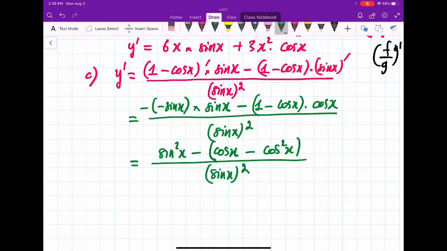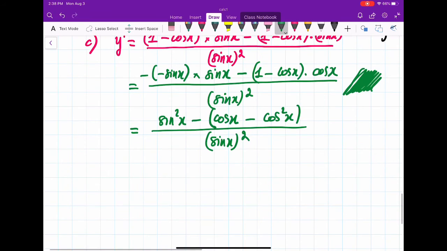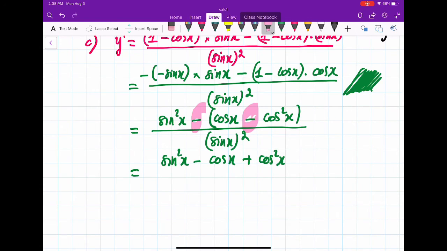Again, of course, if they don't ask you to simplify, you might stop at this step, right? You don't have to simplify that. Agree? But here I do more work. Anyway, this is fine. So I have sine squared minus cosine plus cosine squared. We have negative, right? With the negative, so you have plus in here, and divide by sine x squared.